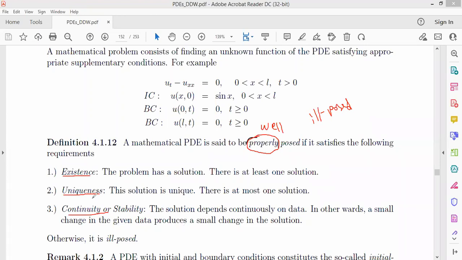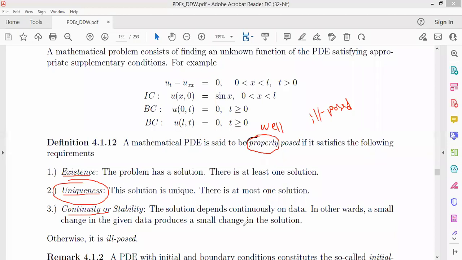We have already discussed even these in calculus 1 and calculus 2. Existence theorem, uniqueness theorem, we did even in calculus 1, and we had a proof to this by contradiction. There are several uniqueness related theorems and proofs and lemmas. Continuity, you did, and the stability, you did in dynamical systems.